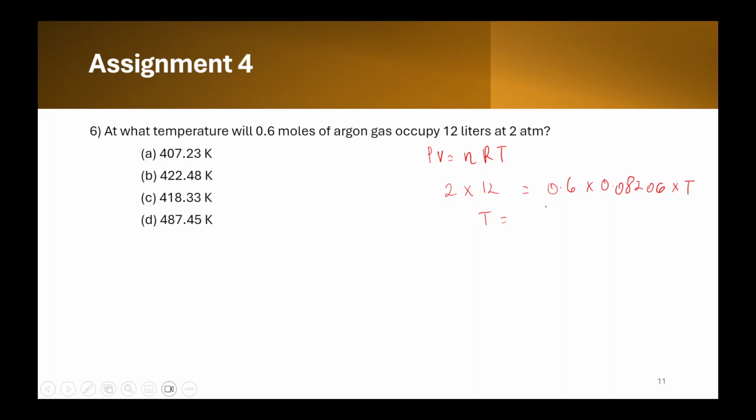So 2 into 12 is 24, divided by 0.6, divided by 0.08206. It comes out to be 487.45 Kelvin. So the correct answer here is D part, 487.45.